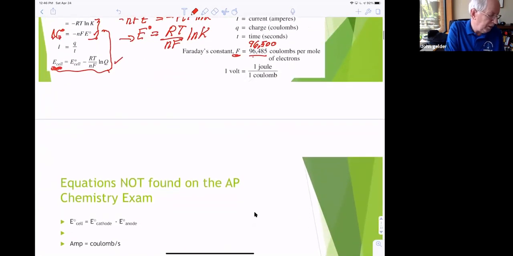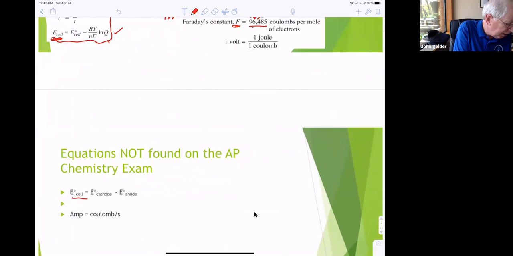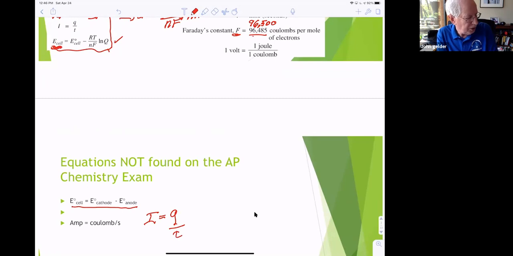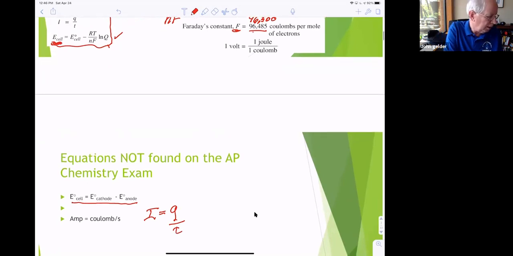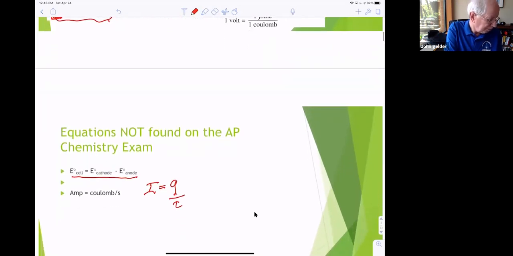Equations that are relevant to electrochemistry, which are not on the equation page, is this: E cell is equal to E cathode minus E anode. And then I have rewritten I equals Q over t for the relationship between coulombs and amp seconds, or the flow of charge over time.